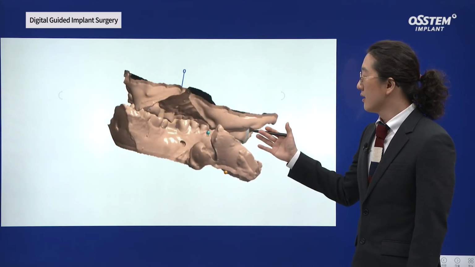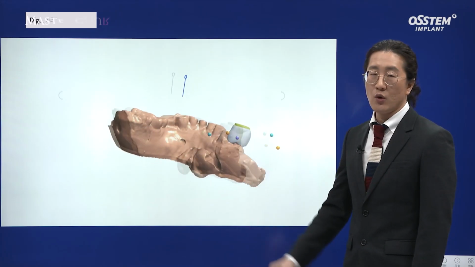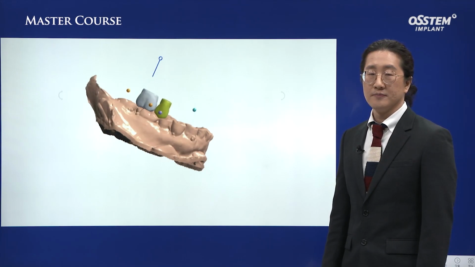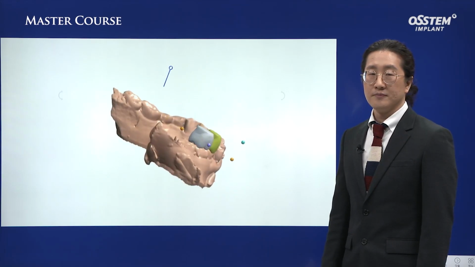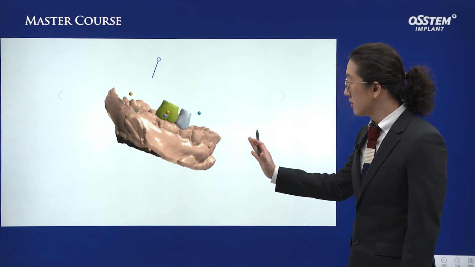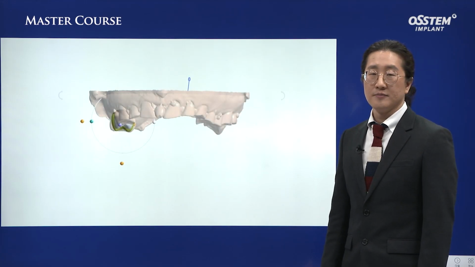We align crown in an ideal position. We can confirm this in different angles. If you don't like it, you can easily change positions.